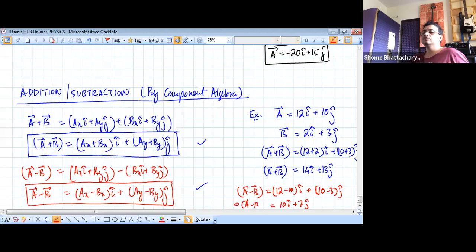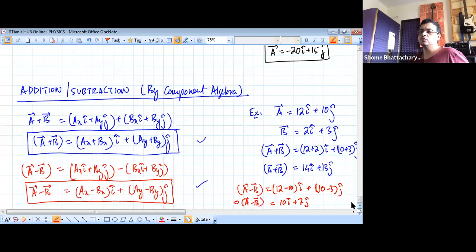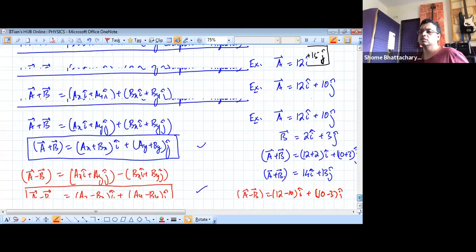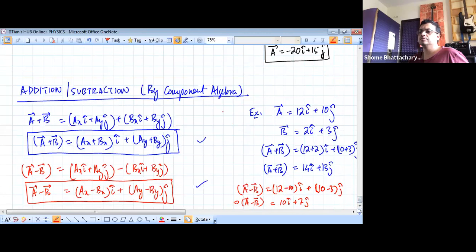So very simple stuff. Just make a note of the concept and these two examples of A plus B and A minus B for this particular set of vectors. It should be 12 minus 2 only. We had made that correction also.